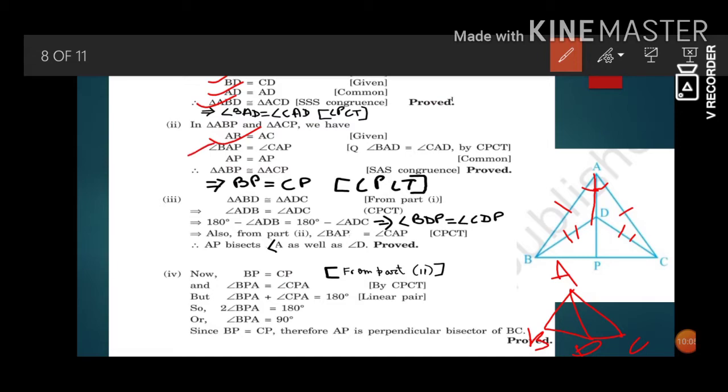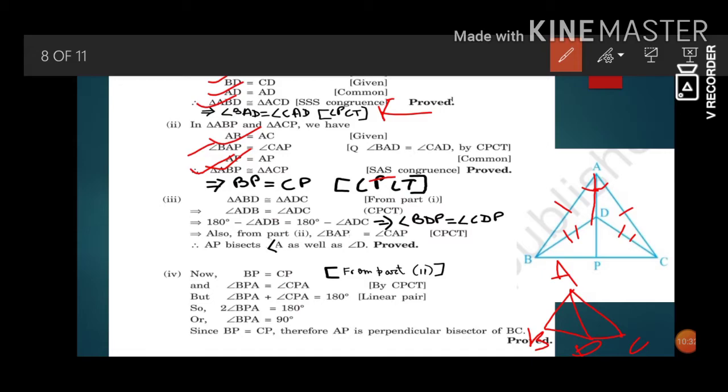Angle BAP is equal to angle CAP, that we can use from the previous CPCT, that is this one. And AP is the common side. So these two triangles are congruent by the side angle side congruency rule. That was our second thing that we need to prove.